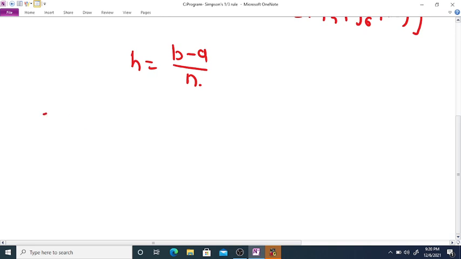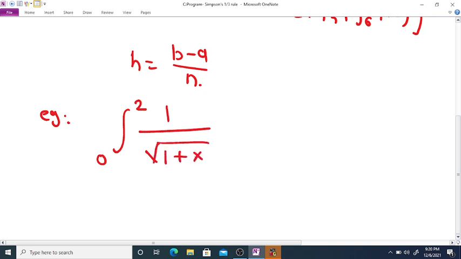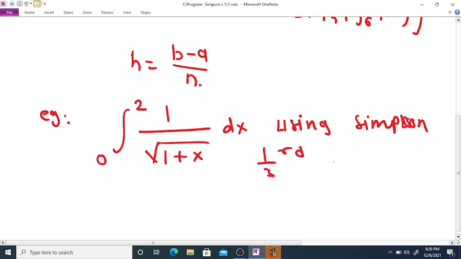So for example, consider here, evaluate an integration, say 0 to 2 of 1 divided by under root of 1 plus x dx using Simpson 1 by 3 rule with n is equal to 8.